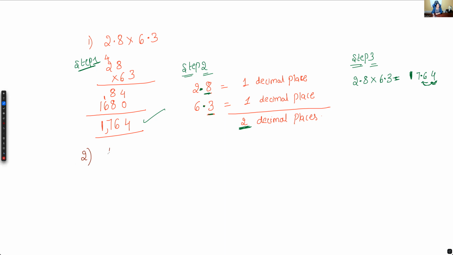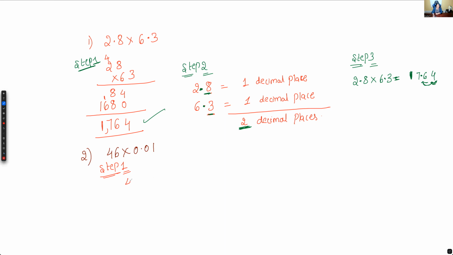So like 46 times 0.01. Again, in this, what is our step 1? Step 1 is just do the regular multiplication.